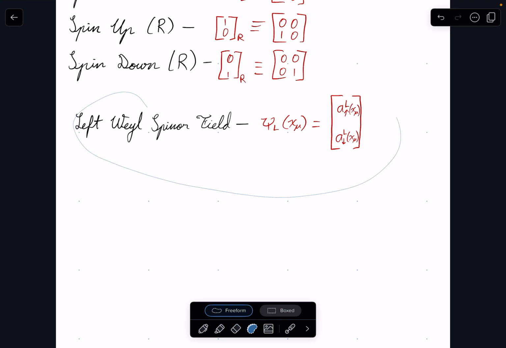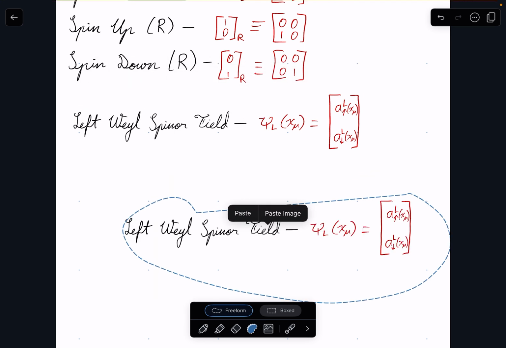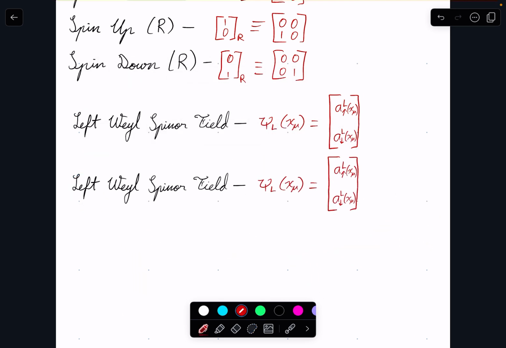And there's an identical definition for right Weyl spinor fields.